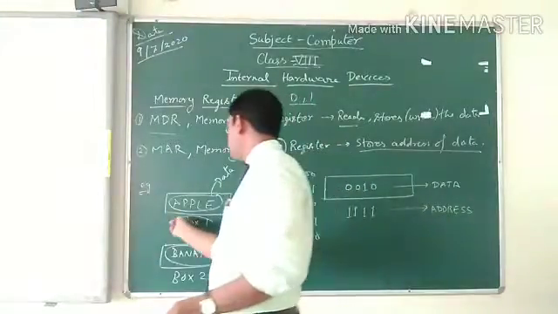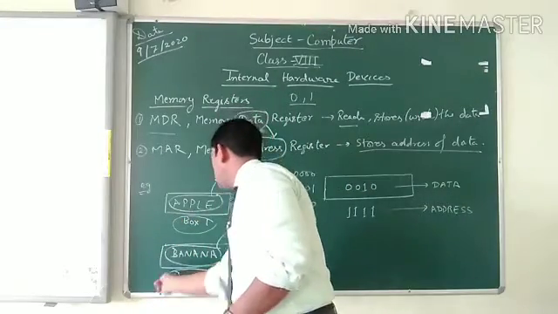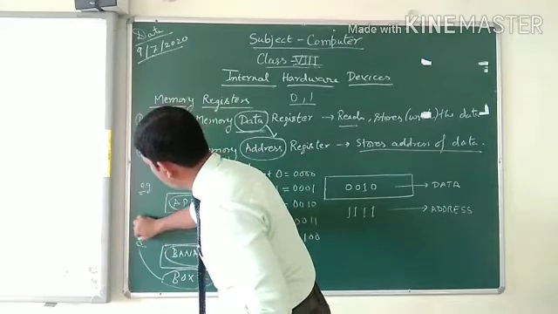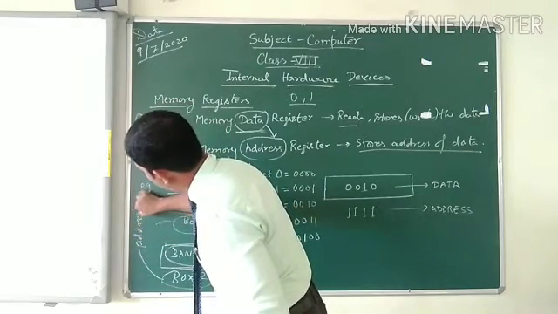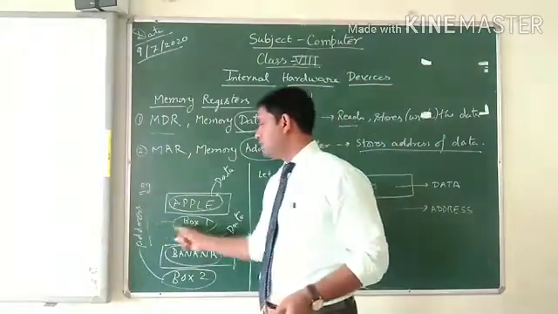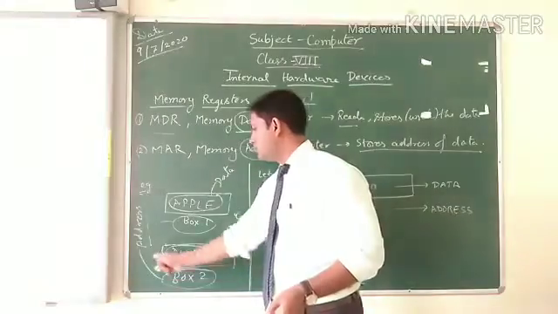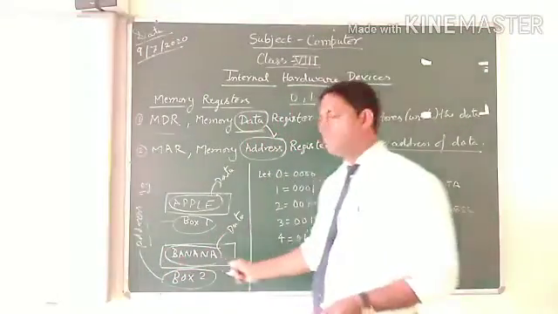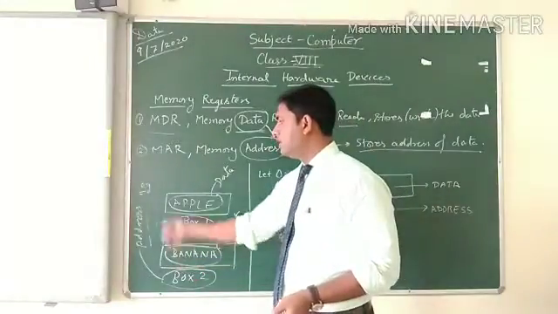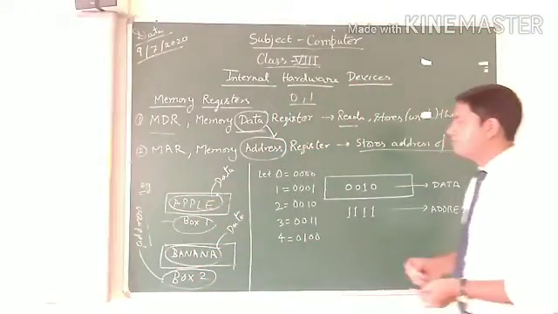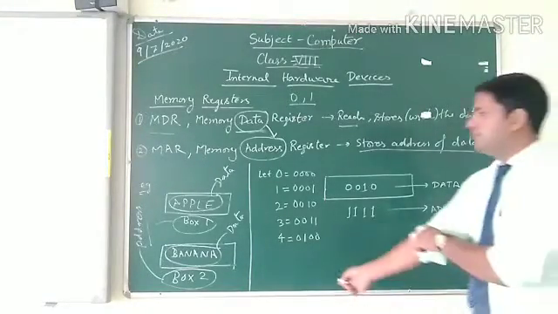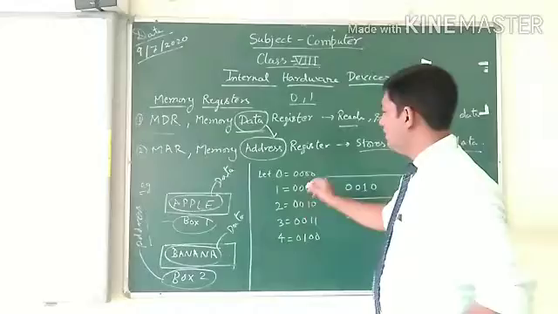Now box number 1 and box number 2 define the address of these two data. This apple is kept in box number 1, which is the address of apple, and box number 2 is the address of banana. Banana is the data, and the box is the address of the apple or banana. In digital language, we see it like this.